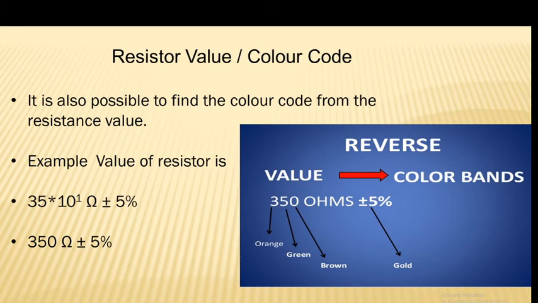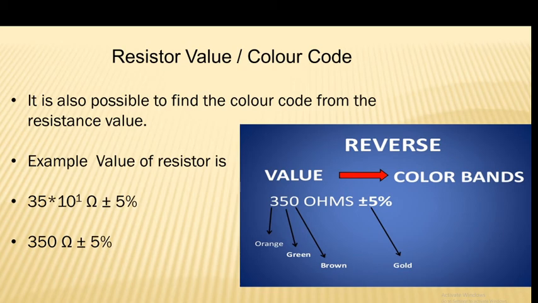Hence this 350 ohm is converted into the standard format, that is 35, which indicates the first and second significant digit. Third is the multiplier, that is 0, here that is 10 to the power 1. Fourth is the tolerance plus minus 5%, and hence I indicate the color for that.